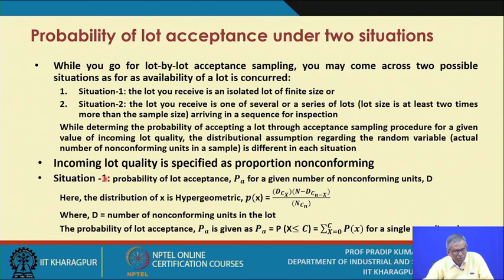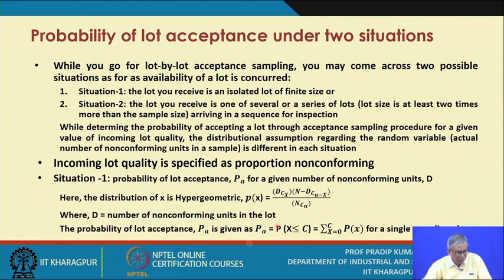Okay. So in situation 1, if you come across an isolated single lot case, the probability of lot acceptance is for a given number of non-conforming units D. Here we assume that the distribution of x, that is the number of non-conforming units, can be assumed to be hypergeometric, and this is the probability mass function for the hypergeometric distribution: D choose x times N minus D choose n minus x, divided by N choose n, where D is the number of non-conforming units in the lot.